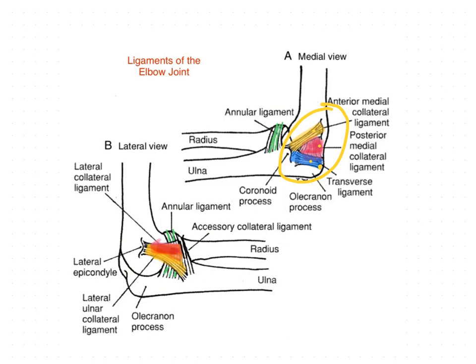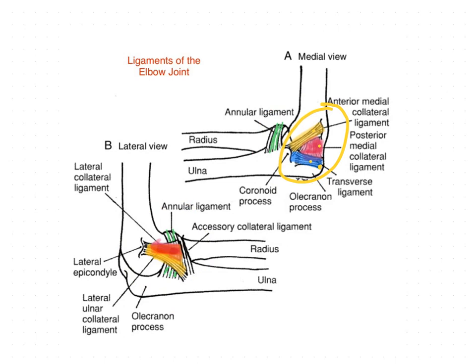Below this oblique band a gap is present, through which a pad of fat covered with synovial membrane protrudes out. That is the important thing which gives a cushioning effect because of the presence of the fat pad.